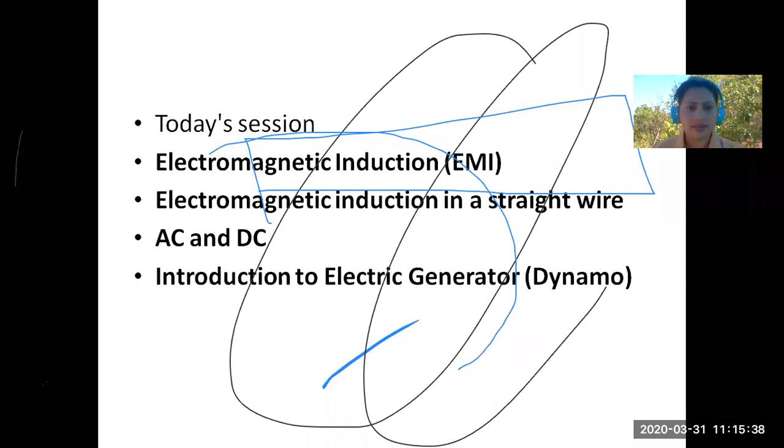Fine. Then today's session, I took a small concept, that is electromagnetic induction. How many of you have questions here? Do you have a question on electromagnetic induction? I can replay the PPT.